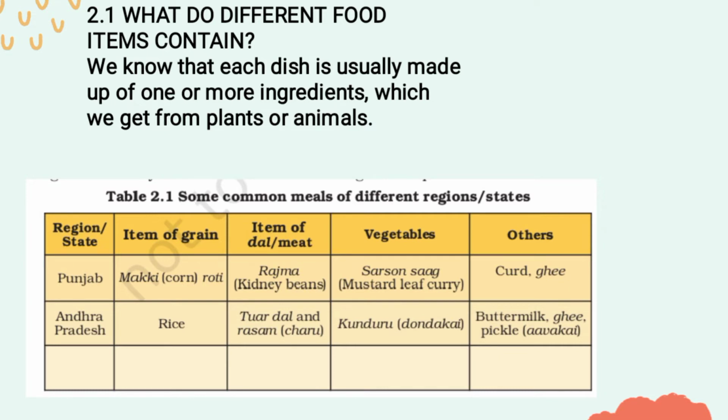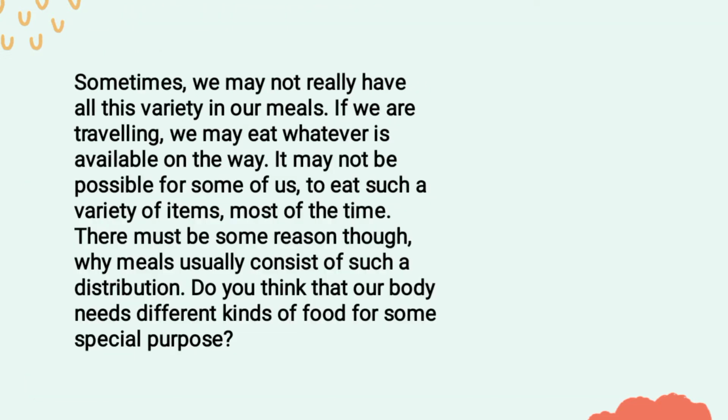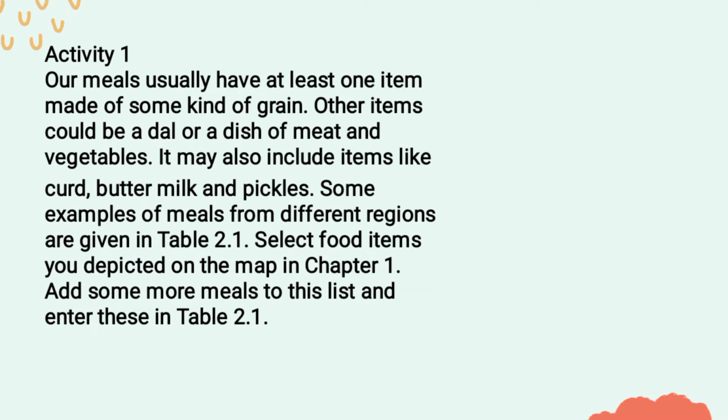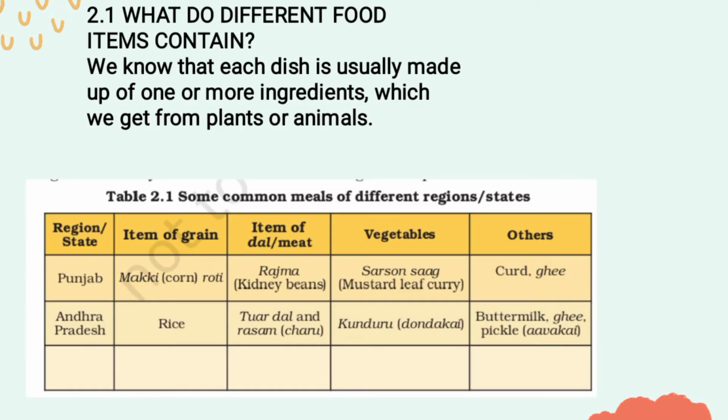So you can add some items to it. As we saw here, we use one kind of grain, in some dishes we use meat and vegetables, and in some, curd and buttermilk and pickle. So you can write a dish and make out a table like this: item of grain, item of dal or meat, vegetables used and other things used in a meal.